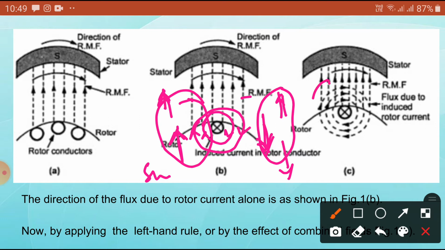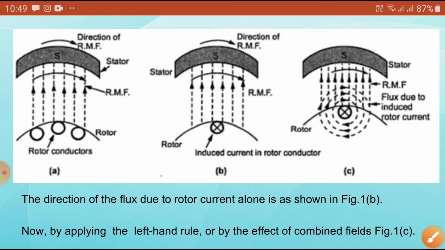Here the field is more and here the field is weakened, and due to this, a force is developed such that it tries to move the conductor in this direction. The RMF is also moving in this direction, reducing the relative speed between the RMF and our field. So you can see this clearly.